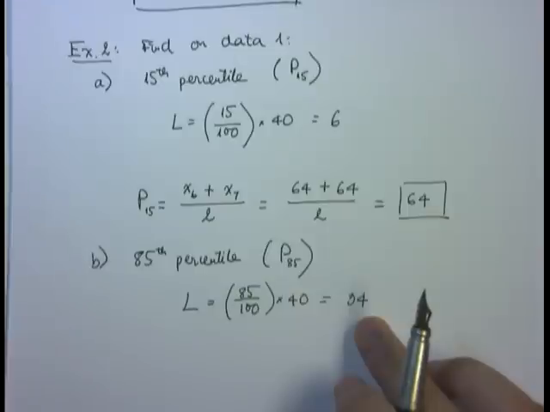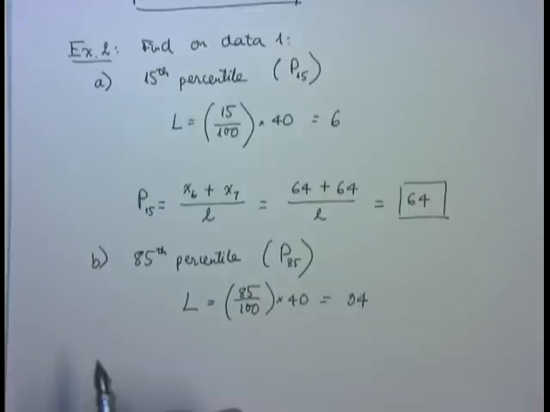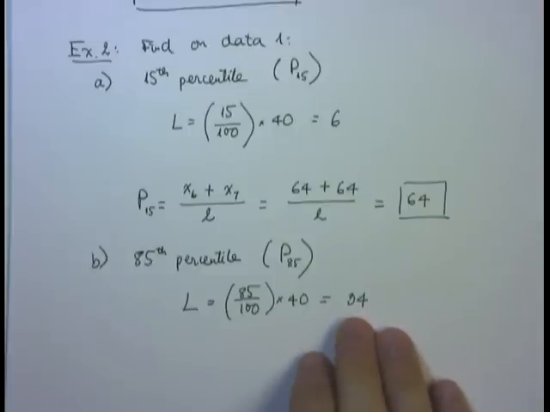34 is the position on the list, on the data set, where I can locate my 85th percentile. As of this point, you can already see for yourself that if you want to proceed with any percentile problem, you need to put your data in order, because these locators are only good after you put your data set in order.